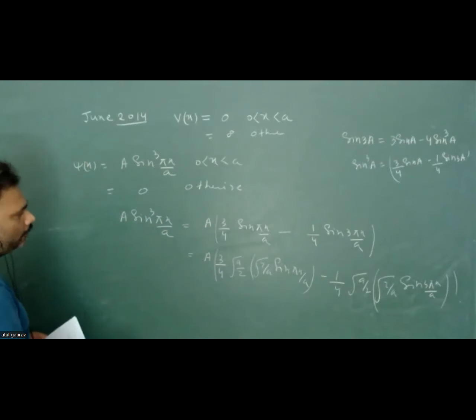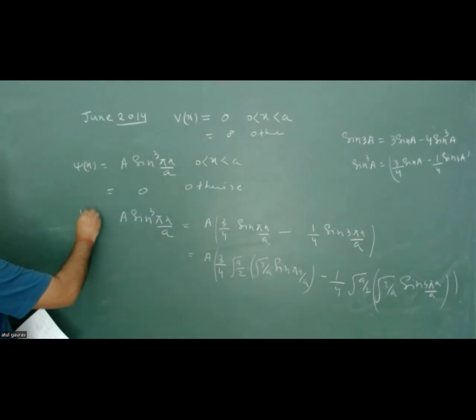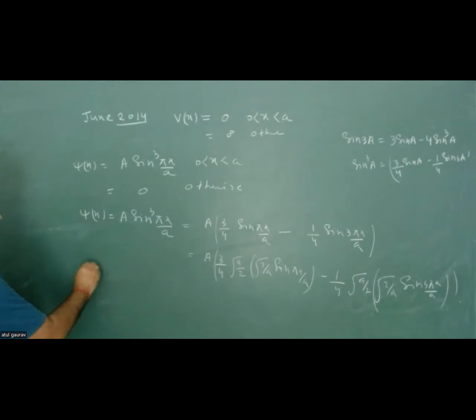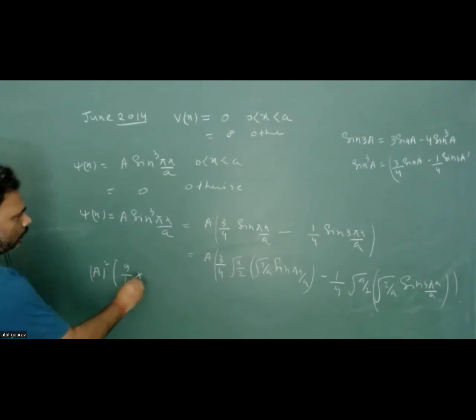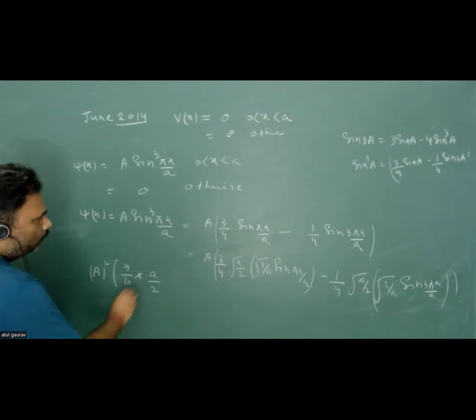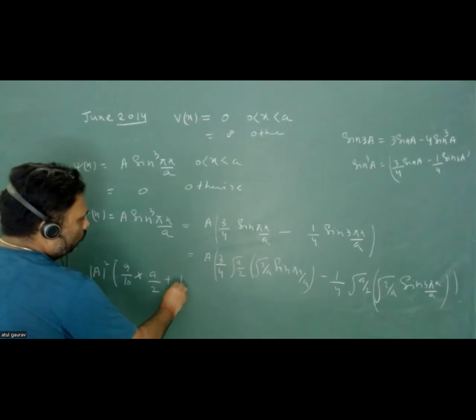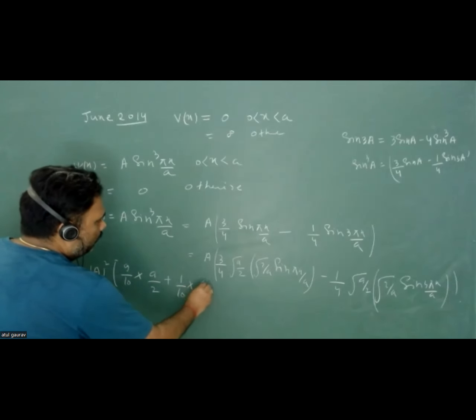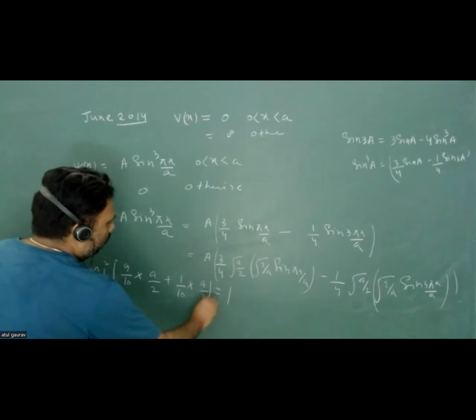So from here, and this is your psi x, then you can easily write your mod a square, that is 9 upon 16 into a upon 2 plus 1 upon 16 into a upon 2 is equal to 1.